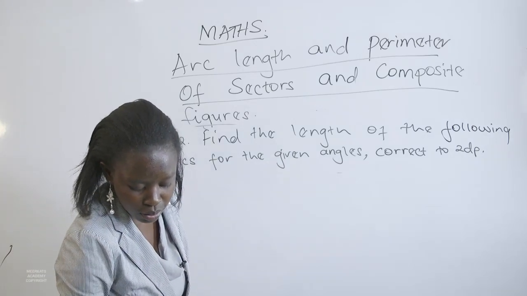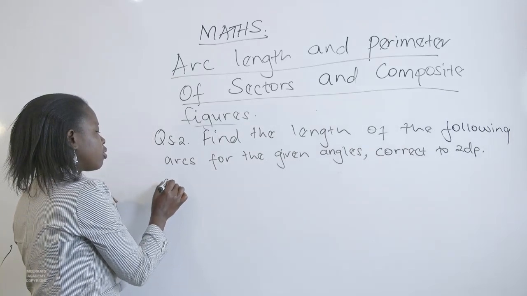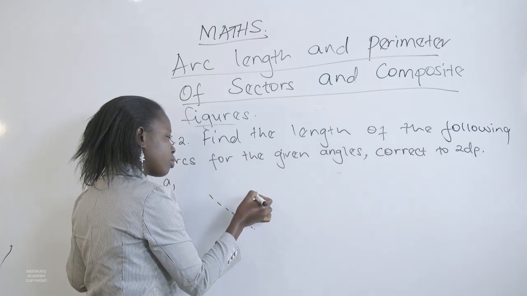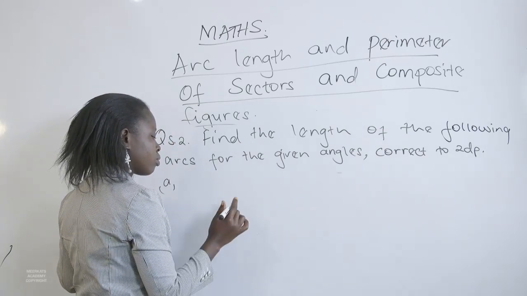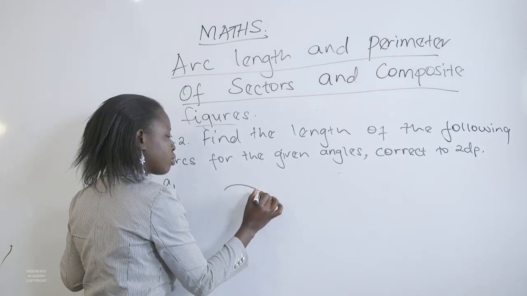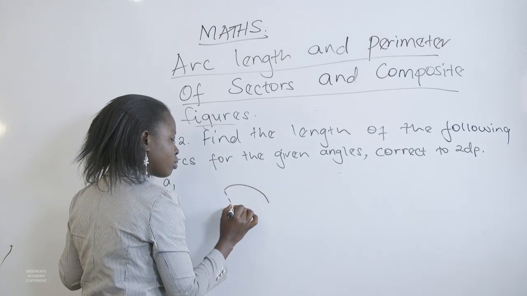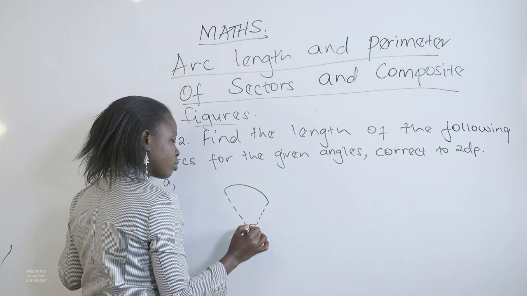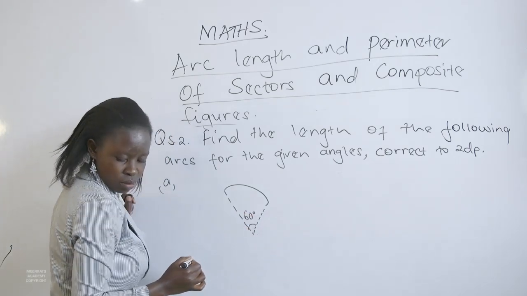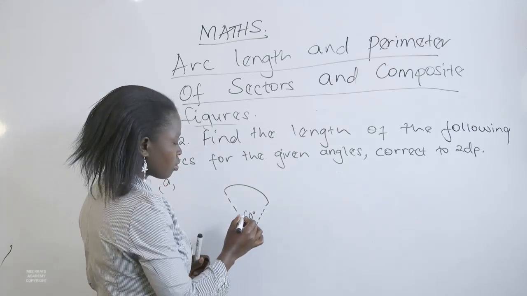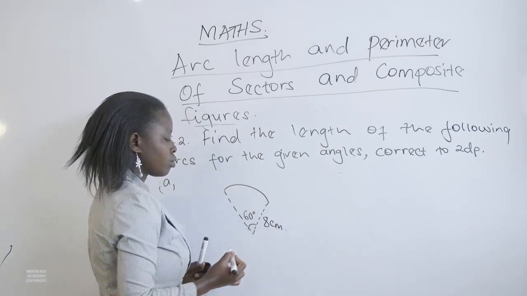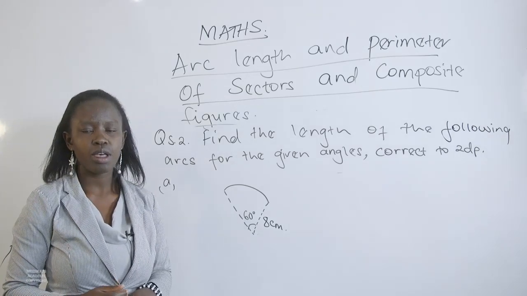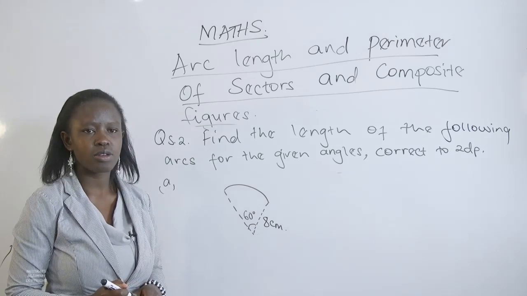So how do we get the length? The first one we have is an arc that subtends an angle of 60 degrees at the center of the circle.